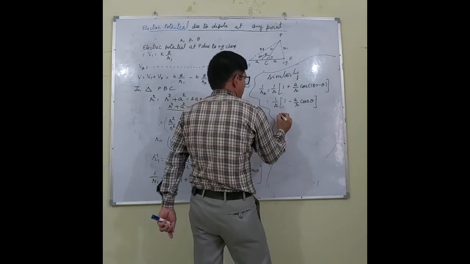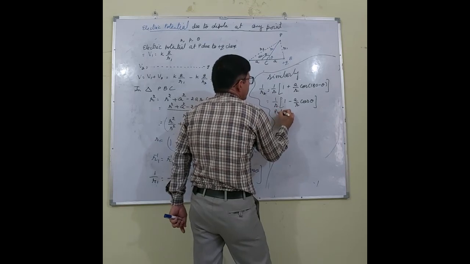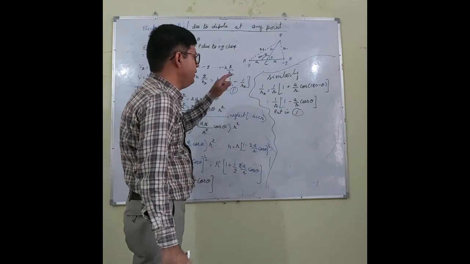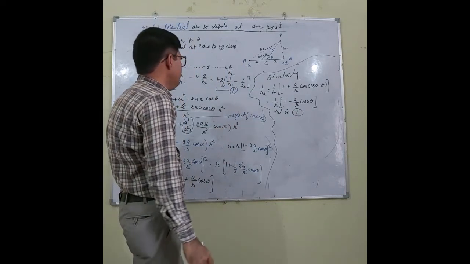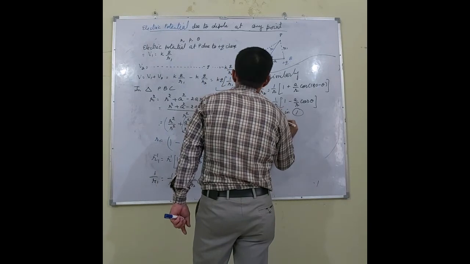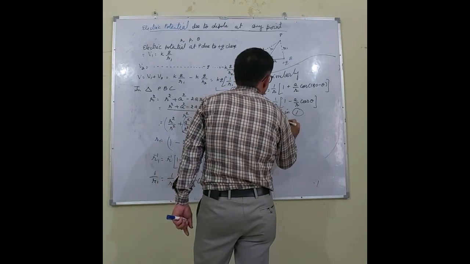Right? Now put these in this one. If we put these in this one, what do we get? V equals k q.